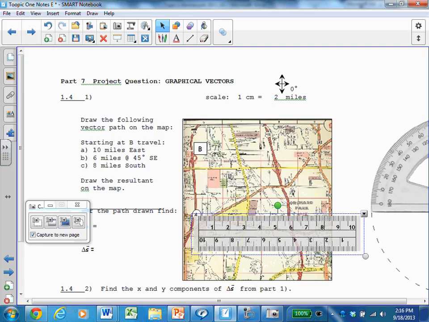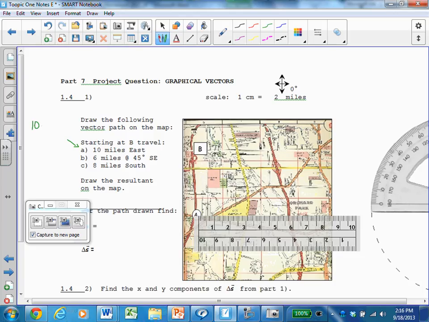We got to change this 10 miles to centimeters. Everybody with me? Oh, 5 centimeters. So we're going to go across, and I'm going to put my first vector on there.